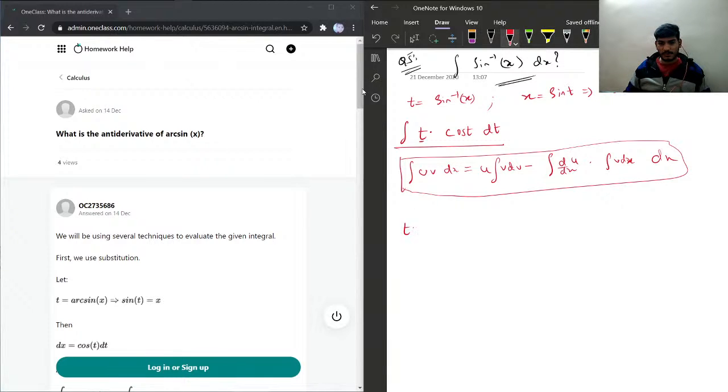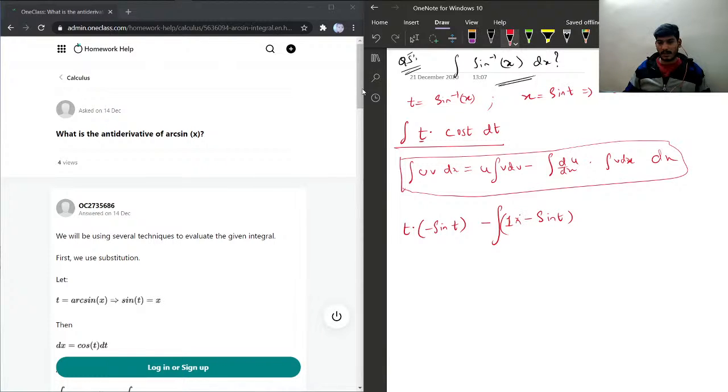So this will be t, and integral of cosine t dt will be sine t. This will be minus, and then derivative of u will be 1, and the integral will be minus of sine t.